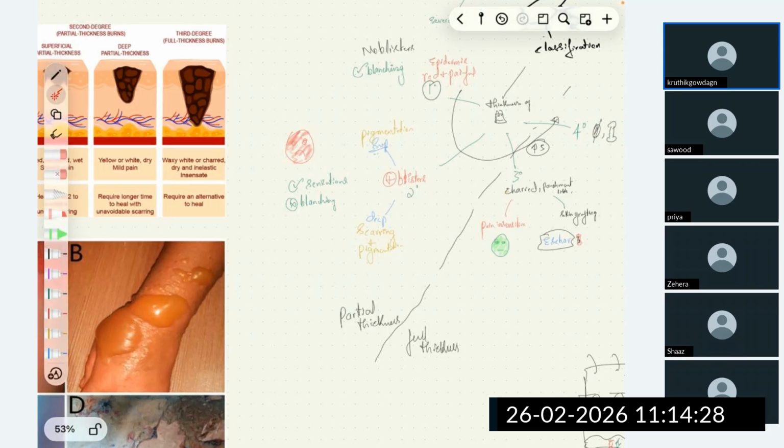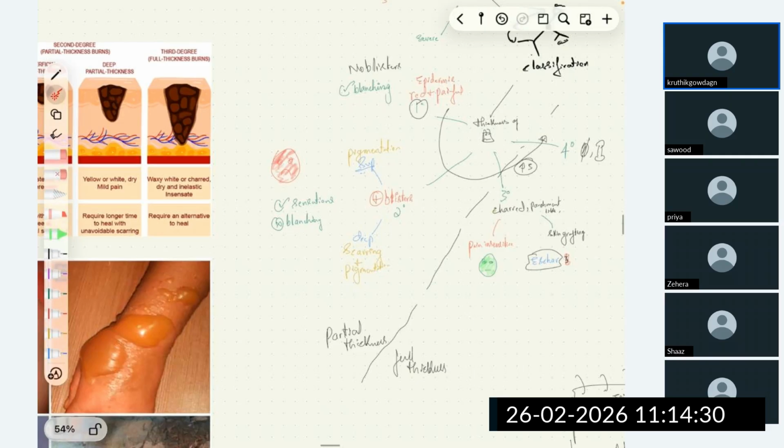Since the reticular dermis is only partially involved and its depth is not involved, the sensations are intact, but blanching will be absent due to destruction of the superficial capillary network. And the patient will be crying with pain. In second degree burn, we saw superficial partial thickness and deep partial thickness: sensation intact, blanching not present, and the patient will cry with pain.